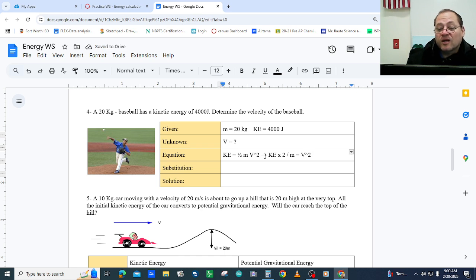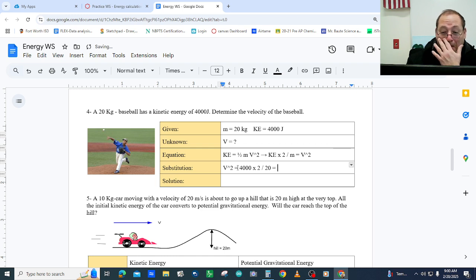Let's simplify the other side. So let's solve for v squared first. So that would be 4,000 joules. Let's omit the units. Let's just multiply and divide the numbers, and then let's see what we get. It's going to be in meters squared per second squared. When you get the square root, it's going to be meters per second. Times 2 divided by 20.